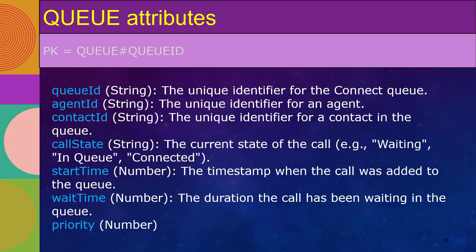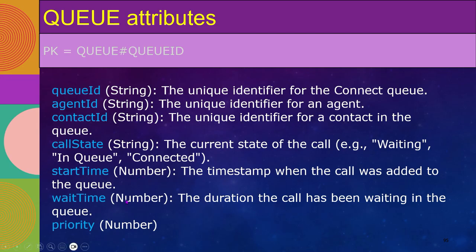What is that? Is that the username? The phone number? At the moment, I really haven't decided yet. Let's say it's the user ID, and this is also the user ID, let's say. And they're referenced using a certain string pattern. This is a call state, the current state of the call: it's waiting, it's in queue, it's connected. And this is the start time, the timestamp when the call was added to the queue.